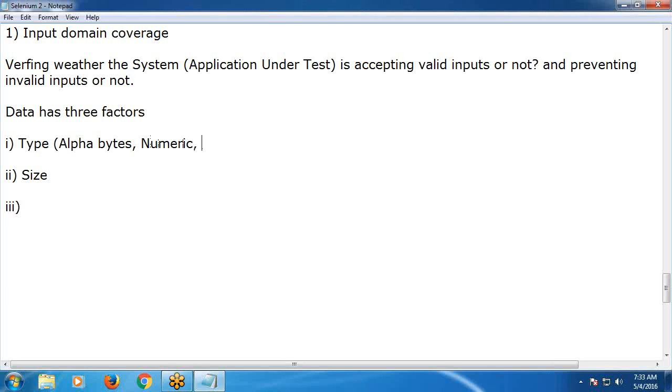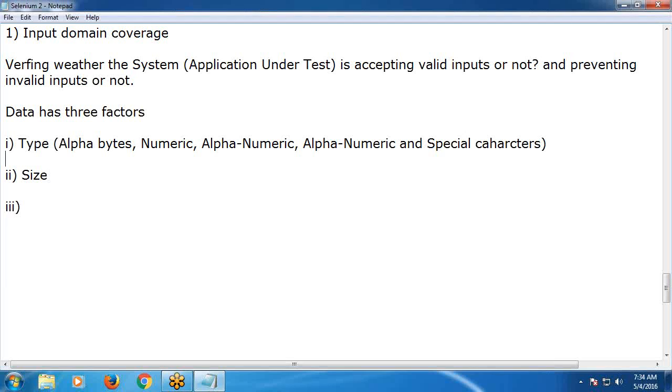Next, a user ID field is there. It has to accept alphanumeric, a combination. Next, alphanumeric and special characters, dot, star, etc. See, this is the general type.